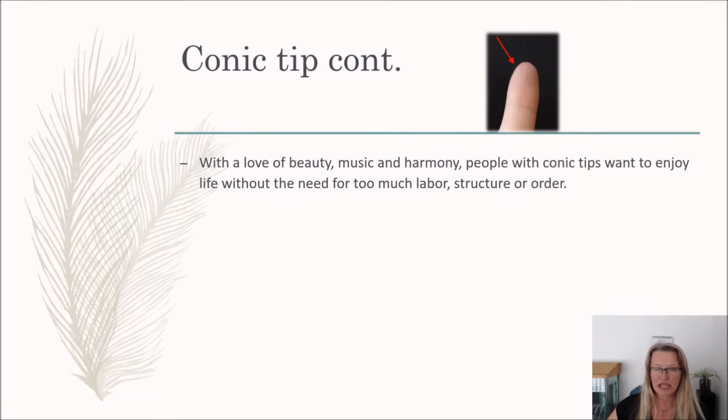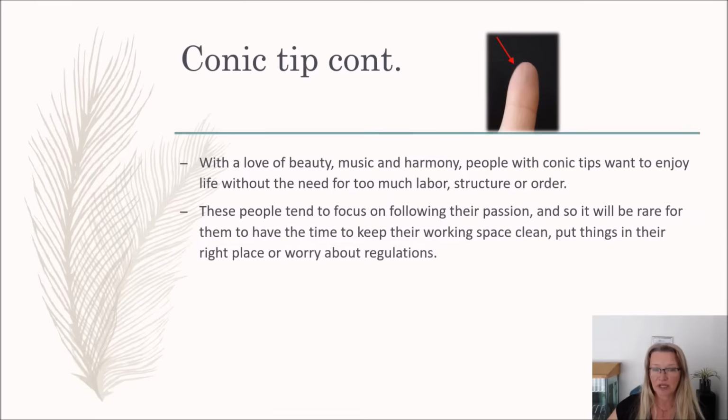So these conic shapes often love beautiful things, music. They love everything to be in harmony. They want to enjoy life without having too much labor, structure or order. And if they do have that, they do like to have their time off. They need their break to relax, go fishing or whatever.